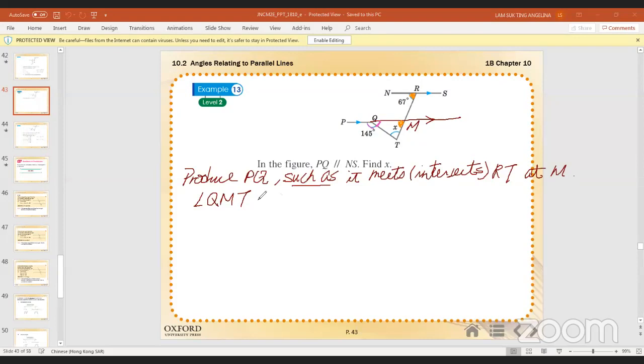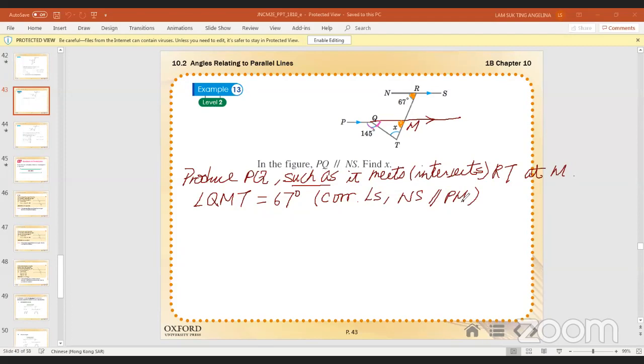This angle should be 67 degrees. The reason why we know that is because these two angles are corresponding angles, with N S parallel to PM.